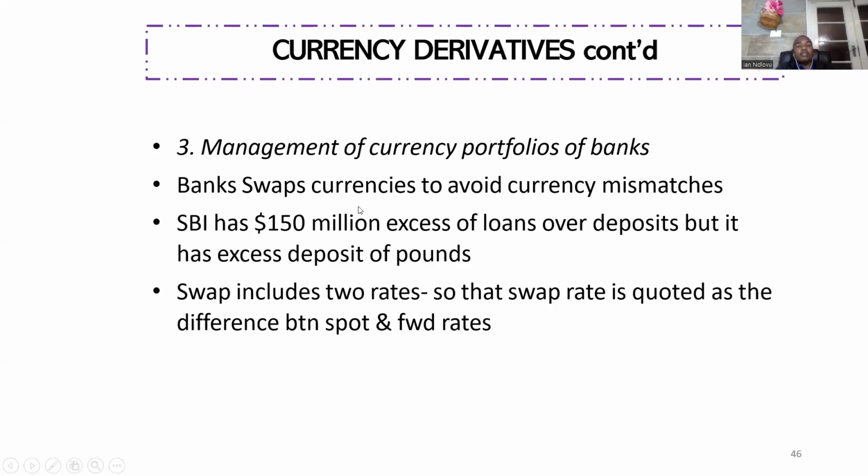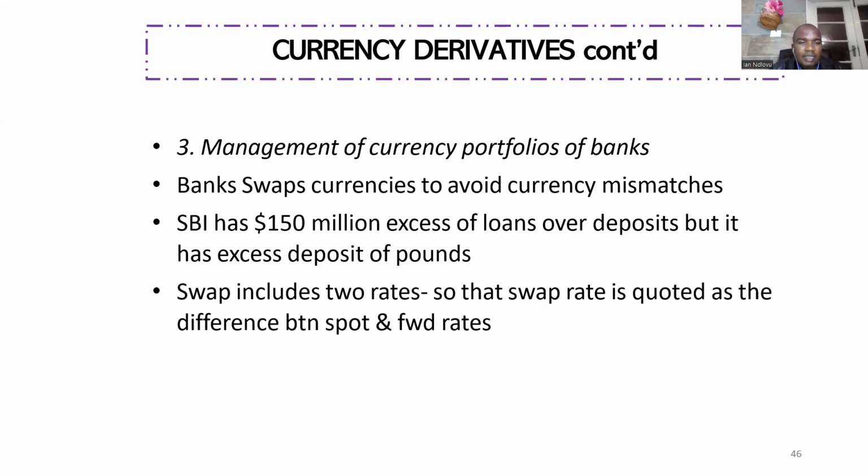And then the third point is that swap transactions are used to manage currency portfolios of banks, especially big banks, like your central banks. Banks swap currencies to avoid currency mismatches. A scenario where you've got an excess of a currency which you don't need, you will be able to offload it in foreign exchange markets to those who actually need that currency, so that you don't have money lying around.